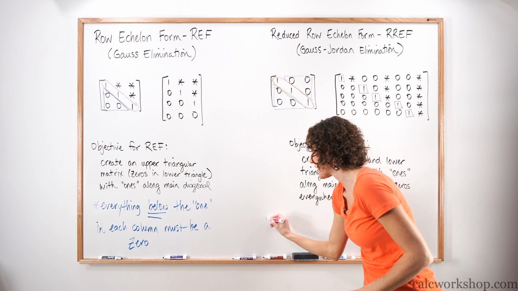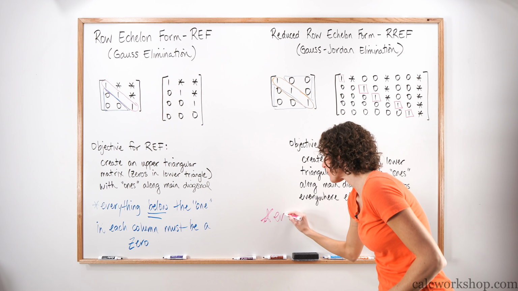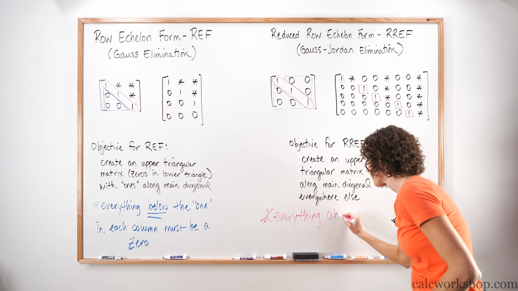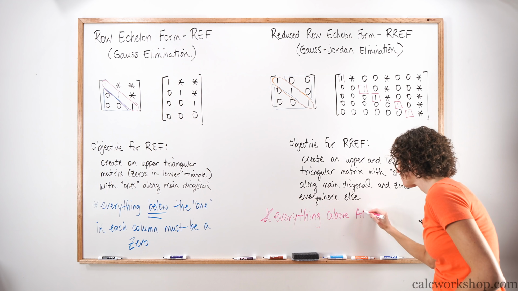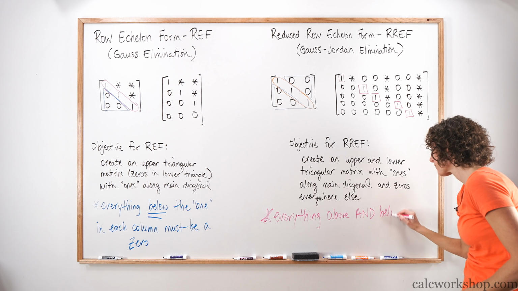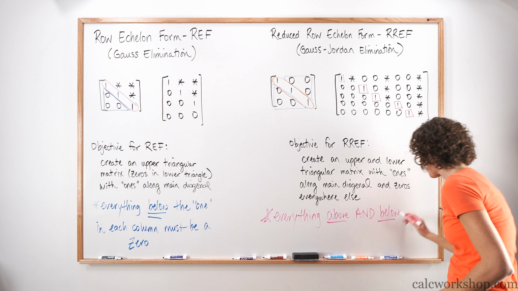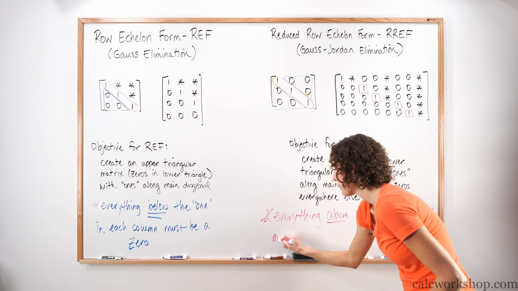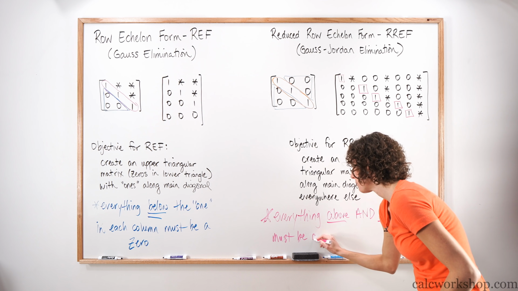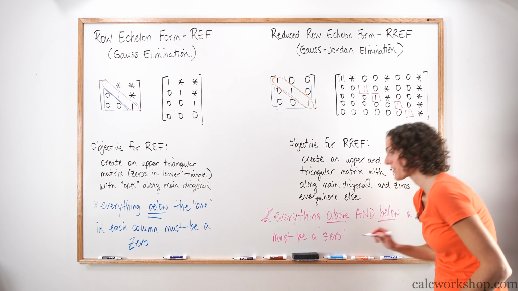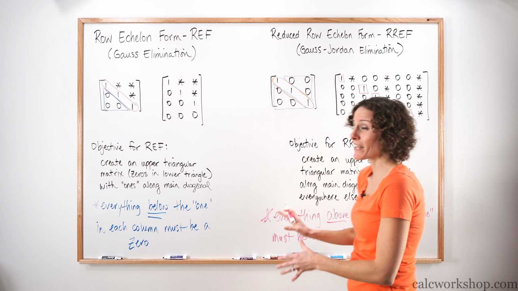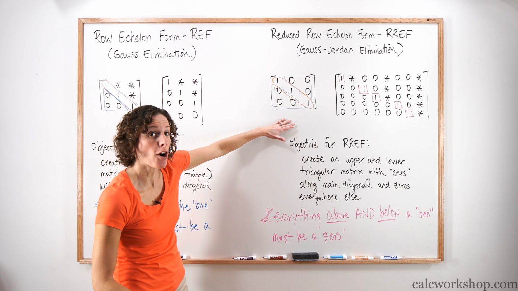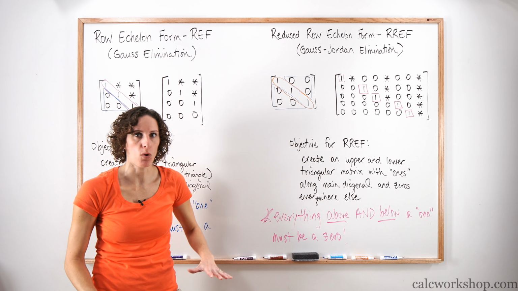So there's the big key: everything above and below a 1 must be a 0. That's critical. So in REF, everything below the 1 has to be a 0. In our RREF, everything above and below the 1 has to be a 0.